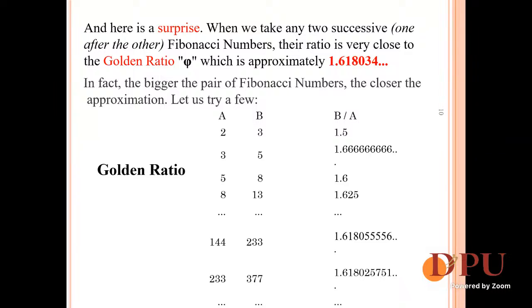Now you divide B by A, and you will get a number very close to 1.618. Initially the number fluctuates: 1.5, 1.66, 1.6, 1.62. But as you proceed, because this is an infinite series, if you gradually divide each B by the subsequent A, you will get a number almost exactly 1.618. Now, what happened?